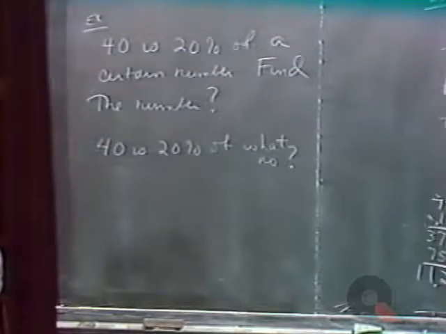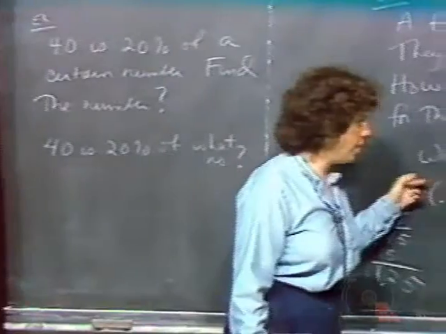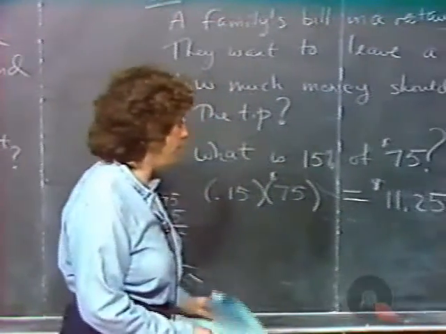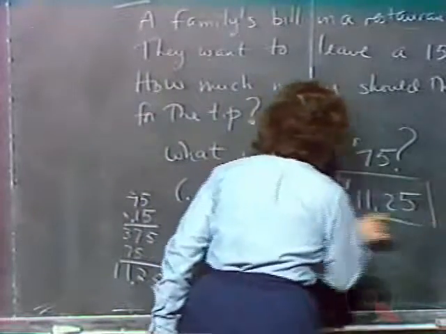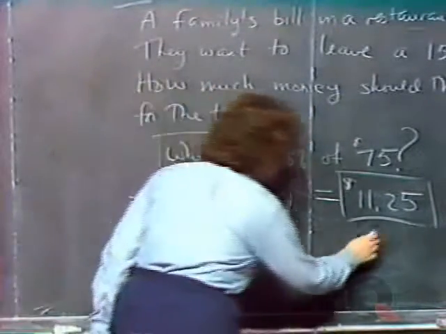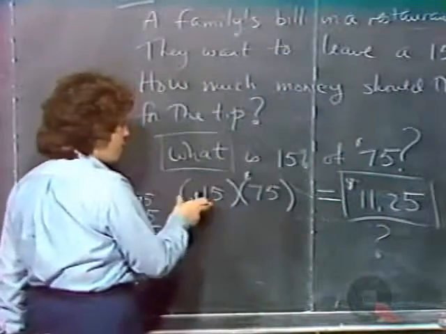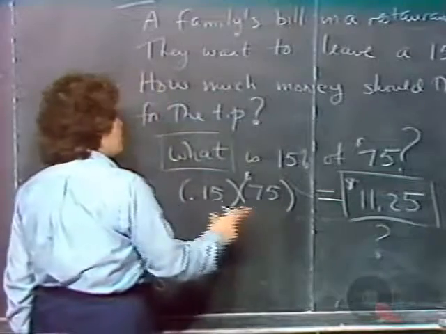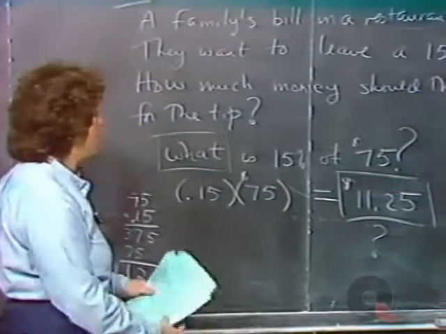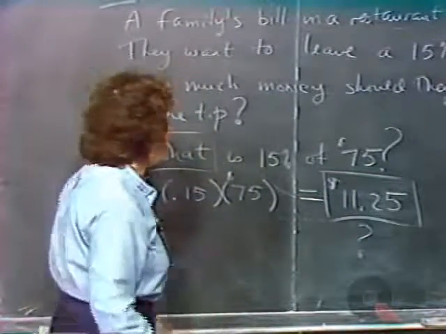Okay, basically we turn these into equations. Over here, we said, what is 15% of 75? The box represented what we were looking for. What is, or equals, 15% of 75 meant 0.15 times 75.